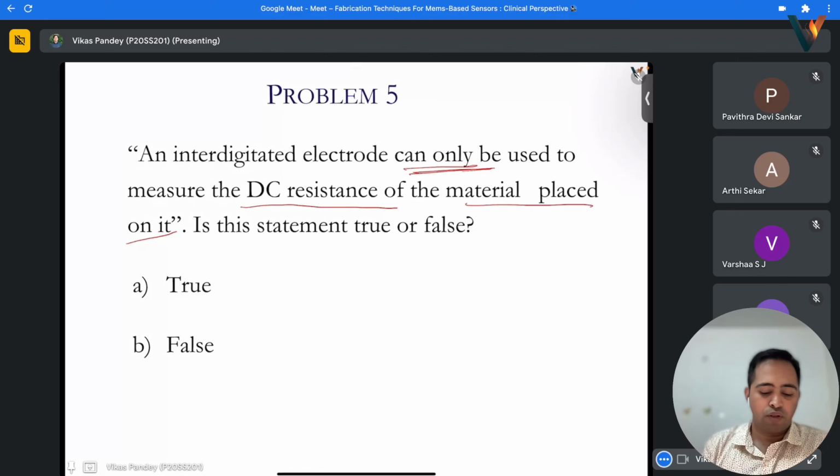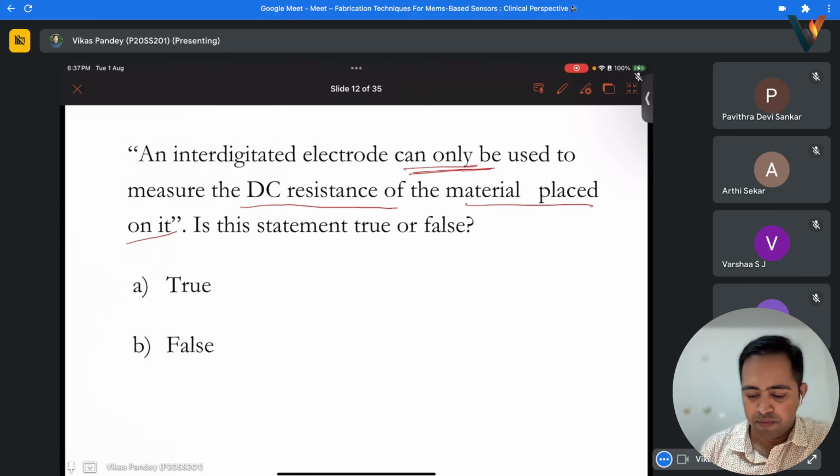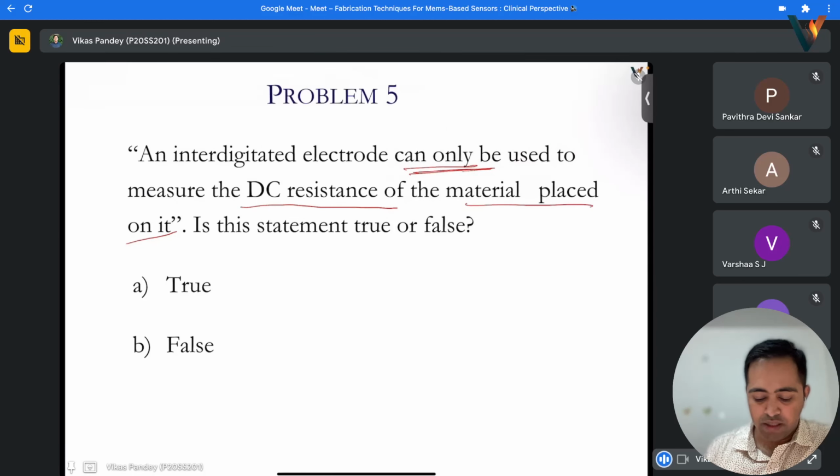No. So we have seen the interdigitated electrode. We can say a metal like this.